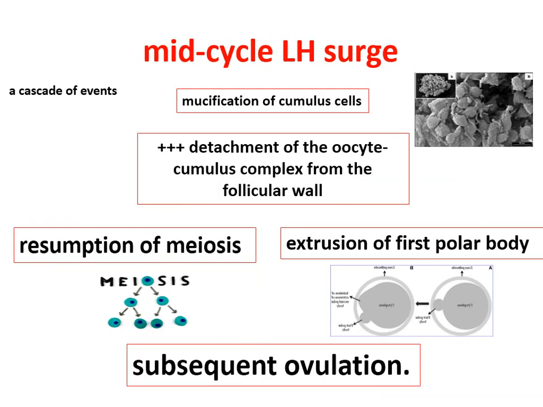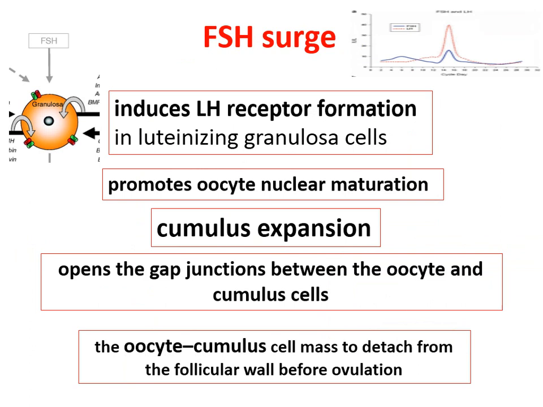At the time of LH surge, naturally or initiated by a bolus of HCG or GnRH agonist, the cumulus cells undergo mucification with stimulation of detachment of the oocyte cumulus complex from the follicular wall, and subsequently there is resumption of meiosis, extrusion of the first polar body, and subsequently ovulation occurs.